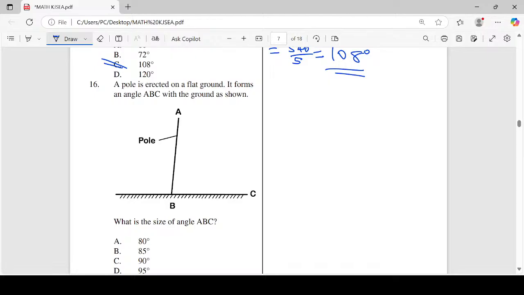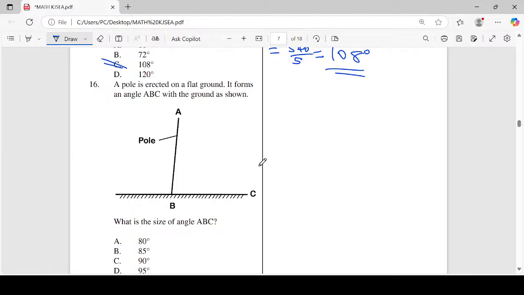The size of angle ABC, dear learners, we need to do measuring, and allow me to take you through.